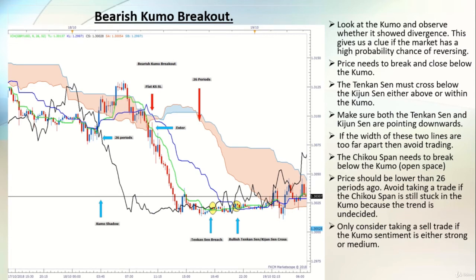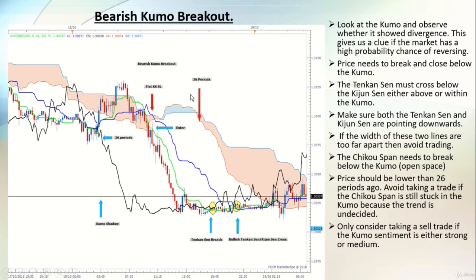Only consider taking a sell trade if the Kumo sentiment is either strong or medium. We spoke about this in the previous lesson. If the Senkou span A is pointing downwards and the Senkou span B is pointing downwards, that means the sentiment is very strong for the Kumo. And if the Senkou span A is pointing downwards and the Senkou span B is flat, that means that's the medium strength.